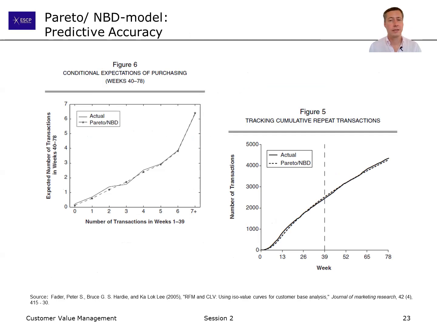But if you are in a setting of non-contractual continuous transaction streams, which is far more common, maybe instead of collecting a lot of data about your customers and hoping you can predict what people will do, accept that you cannot predict, and then try to use this randomness in a statistical model in order to predict what people will do. And you find more details on this in the supplementary reading that you find on the bottom of the slide and that you also find in the Dropbox folder.